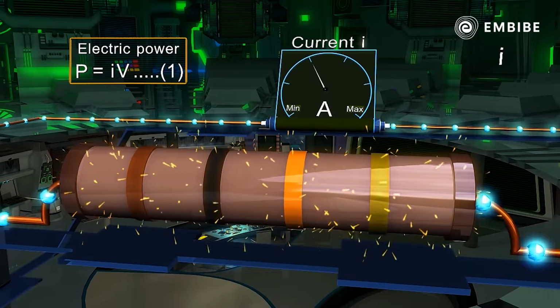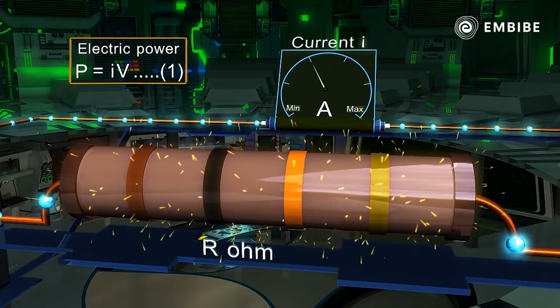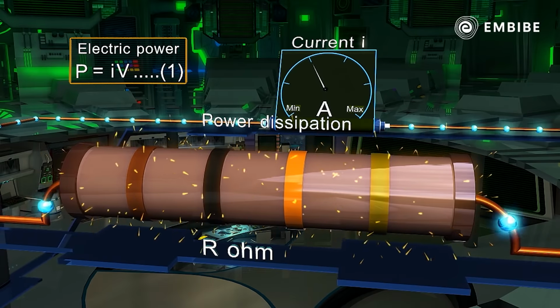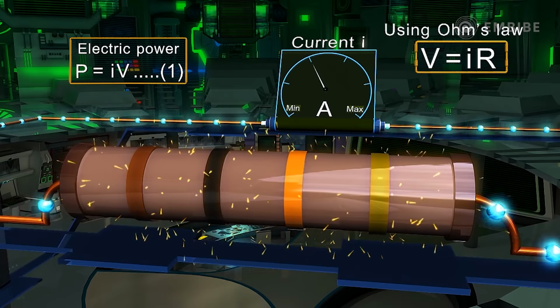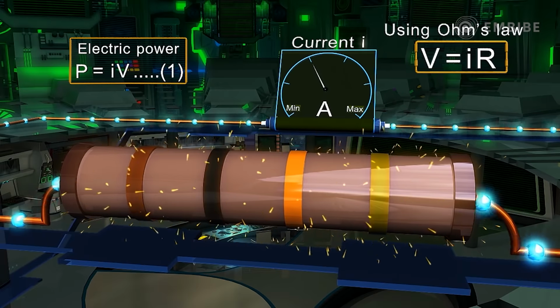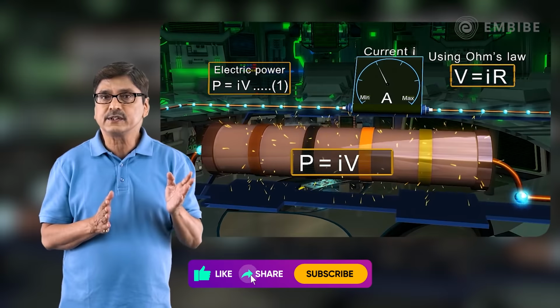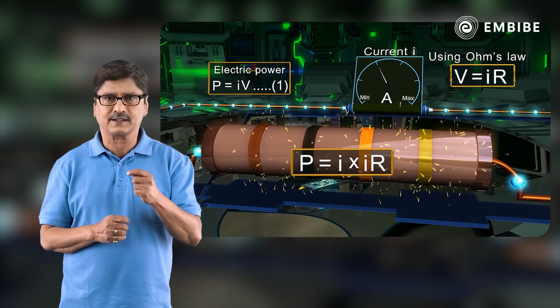Now say that the resistor has resistance R ohms, then the energy lost in the form of heat energy is called power dissipation. Now by using Ohm's law, V is equal to IR, equation 1. On substituting in equation 1, we get the equation of power in terms of current.